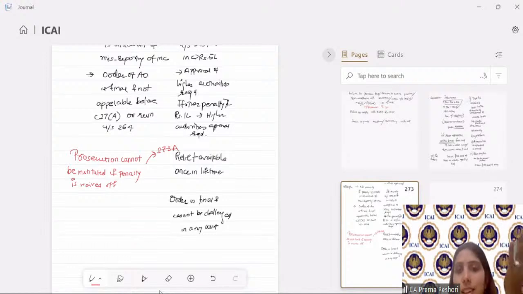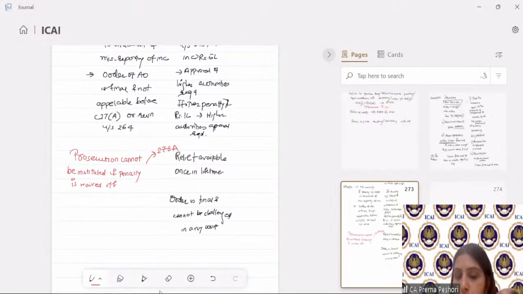If there is a general delay and not a deliberate delay to file the return, there is no question of prosecution. Prosecution will get attracted only when there is a deliberate intention to not file the return of income. If there are justified grounds for delay in furnishing the return, there is no question of prosecution under 276CC.